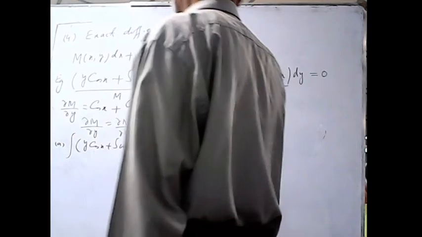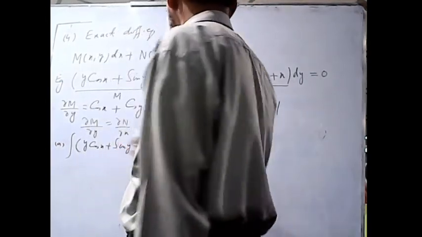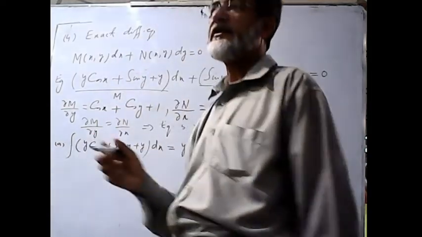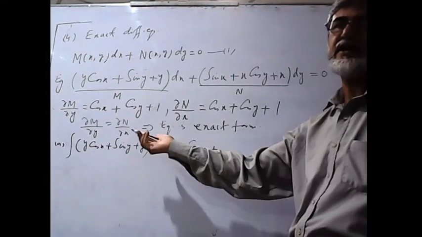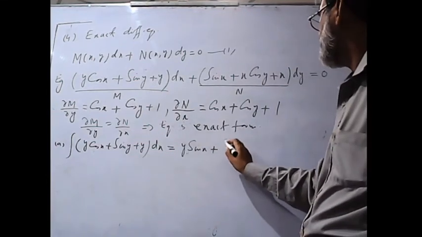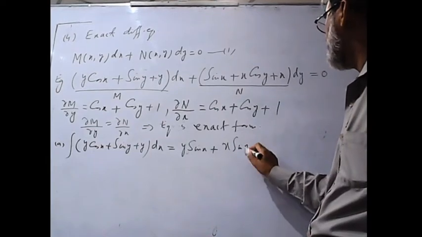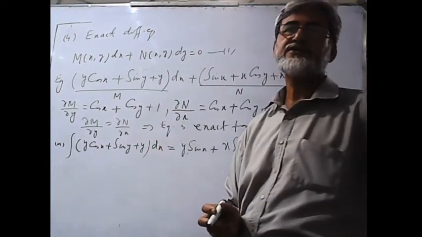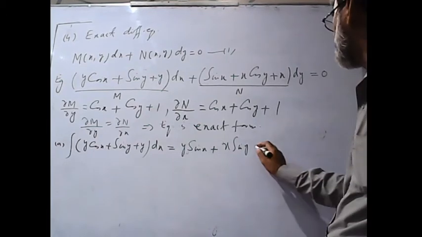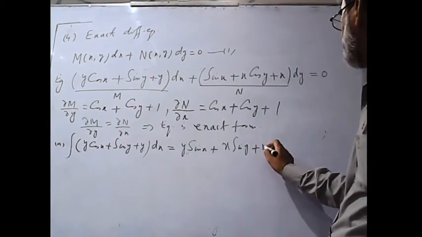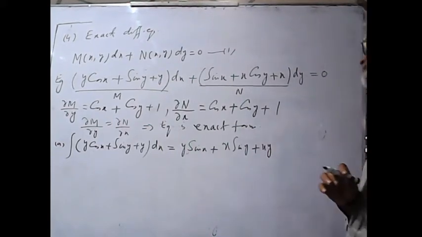Then sin y is constant, just like 5: integrate 5 with respect to x, so 5x. So sin y is constant, just like that, giving x sin y. The integral of y is, with y constant, just xy, because y is treated just like 5, 4, 3, 2, 1. This is our f(x,y).